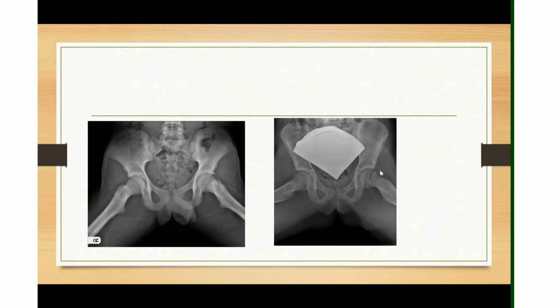Now, if the slippage has become chronic, then what will happen? The physis will become more sclerotic, and the metaphysis becomes more widened, which is called the coxa magna. There is one more sign I would like to explain right now, but before that, we will just summarize the findings.